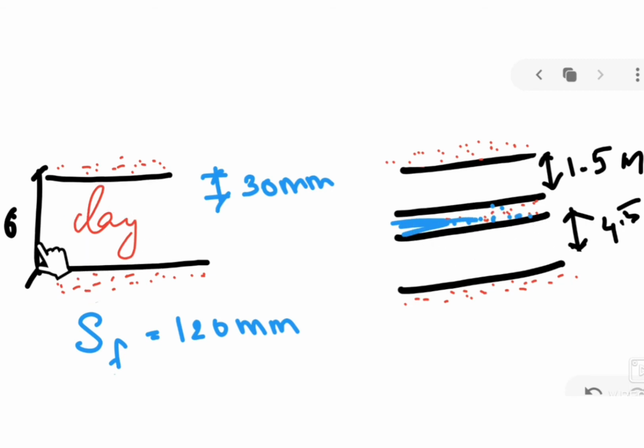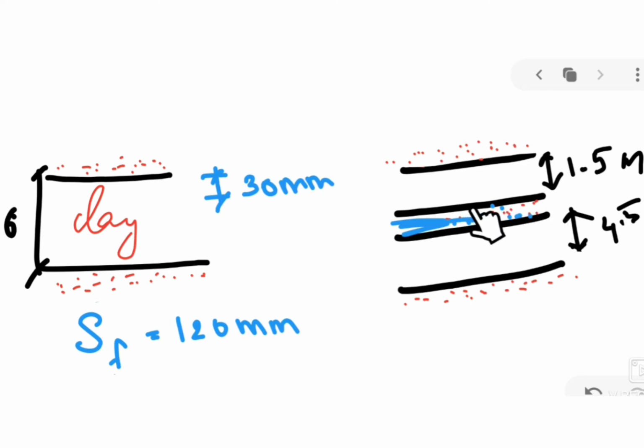In this 6 meter they are introducing a sand layer here, because we know sand will accelerate the consolidation process. For example, if this 30 mm settles in 3 years, then if we introduce the sand layer in between, this 30 mm may happen in 2 years, because the drainage path created by sand will remove the water very easily, much earlier.